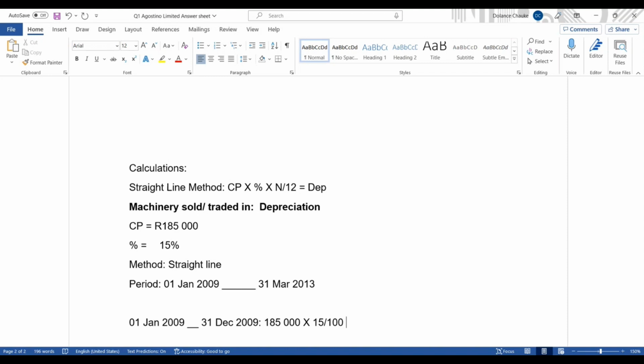And then that is the percentage, then we're going to multiply by 12 over 12, because it was there the whole year. And how much is the depreciation there? I get 27,750. Just confirm with me.